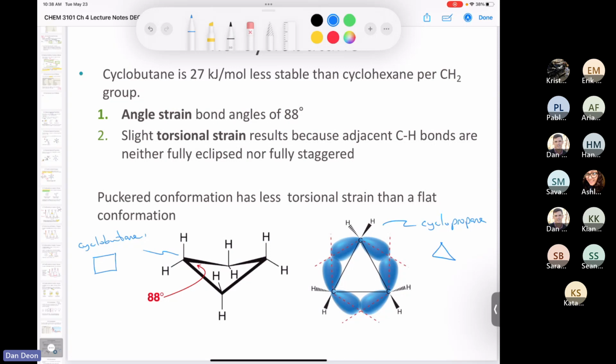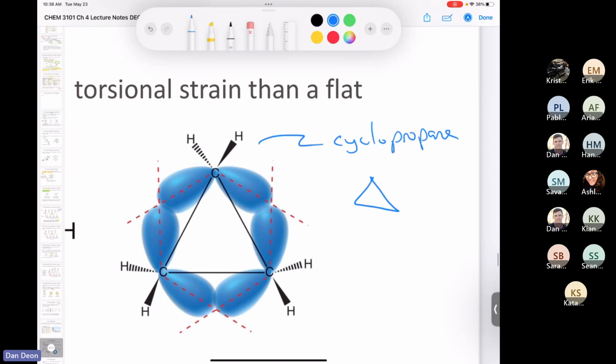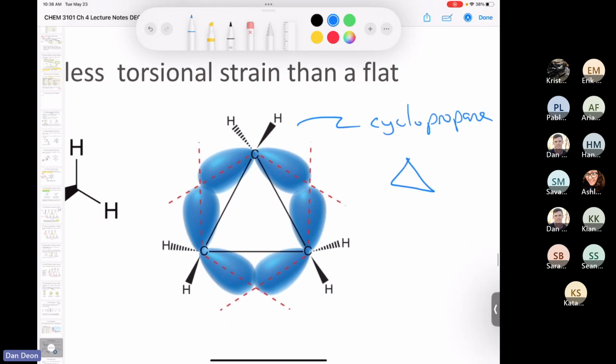The book goes into some detail about this. I'm not really going to quiz you about the strain. It's not really something I'm super interested in. But the idea is if you try to make a model of cyclopropane, that's going to break your model. I can't even do it with my models. I can't even make a cyclobutane.